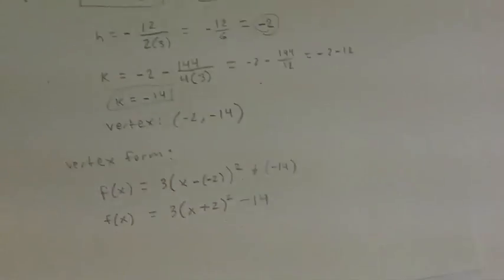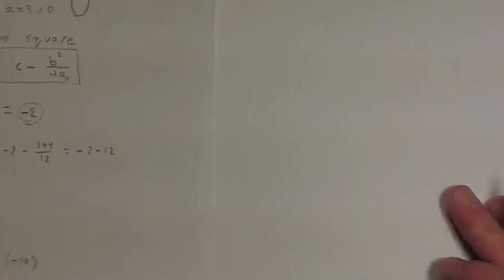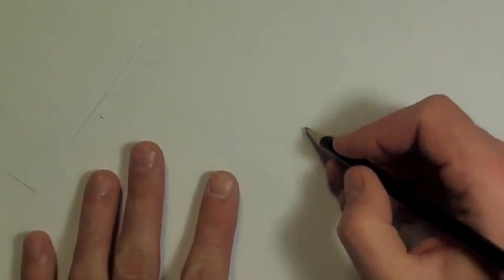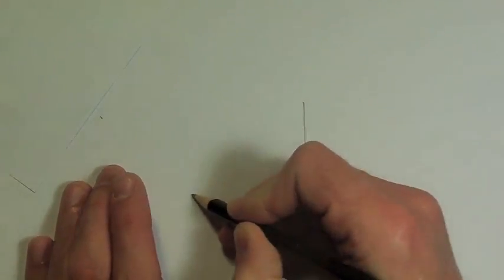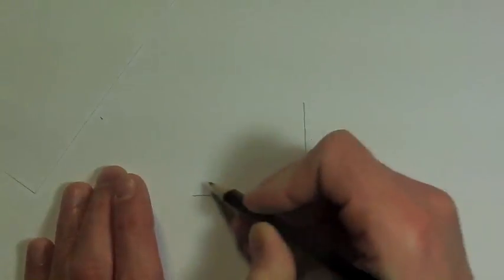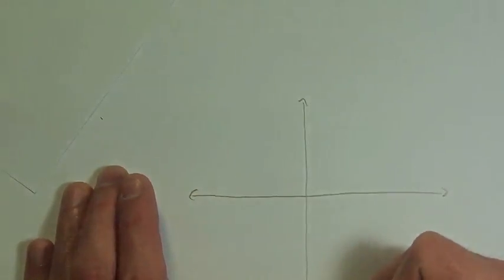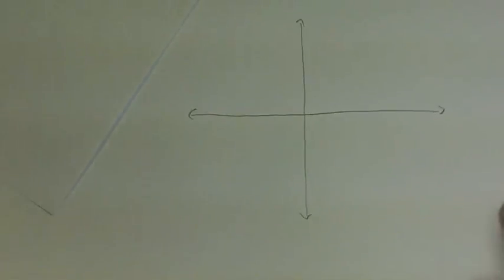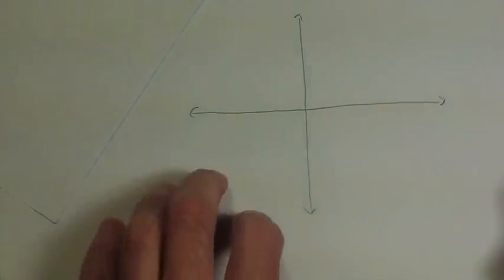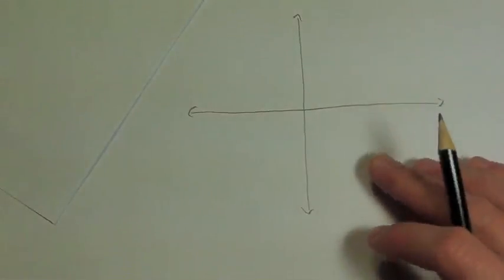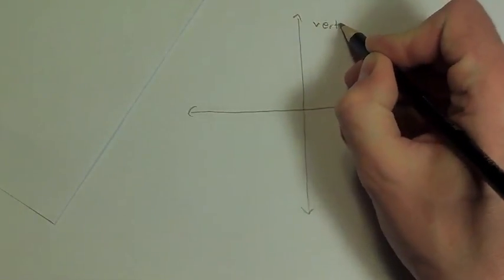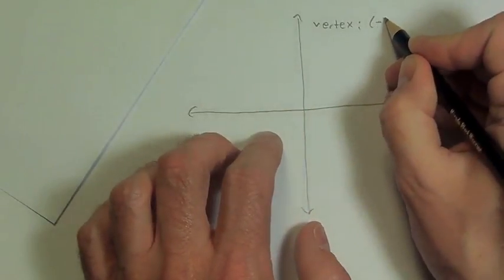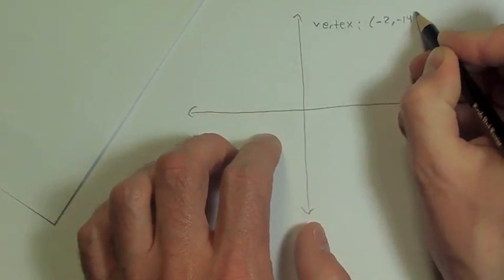So let's graph this function. I'll do that over here. Since I have to go all the way to 14, I'm going to let my tick marks go in 2s. Okay, so my vertex was negative 2, negative 14.